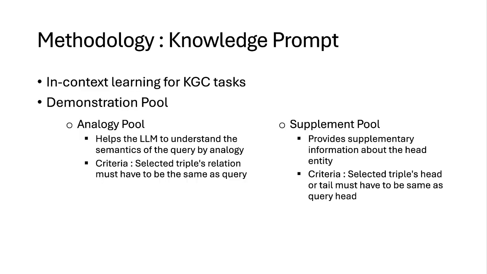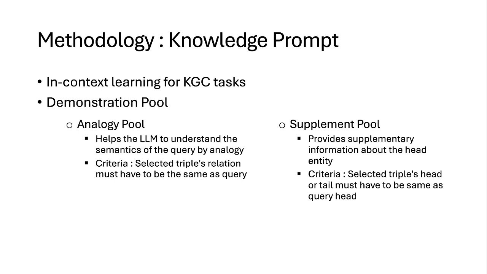Now moving on to the knowledge prompt. This is another key innovation of this research work. In the knowledge prompt, they apply in-context learning for the knowledge graph completion task. This in-context learning is built from two example pools: one is the analogy pool, another is the supplement pool. The analogy pool gives more analogy about the relation.